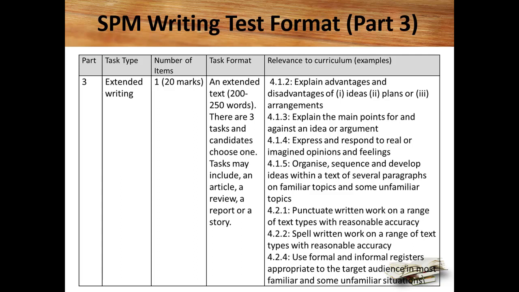As I mentioned earlier, in this part, you will be given about 3 questions, but you have to choose only one to write. An extended text requires you to write between 200 and 250 words. So there are 3 tasks and the candidates choose one.